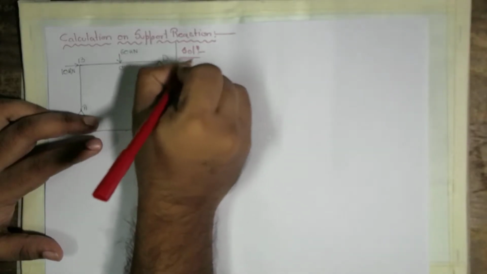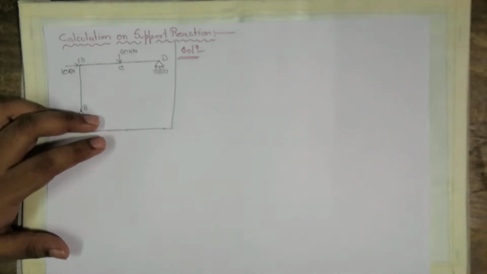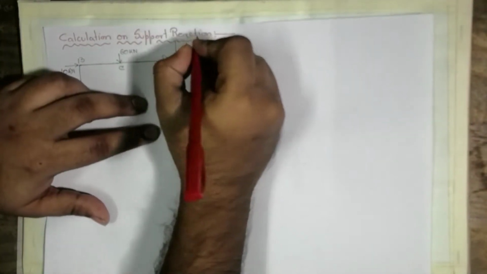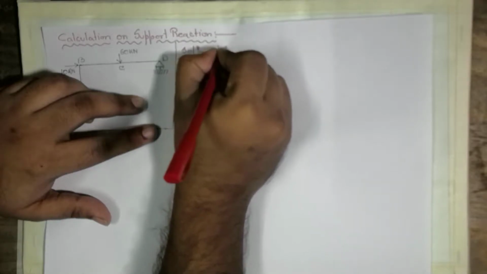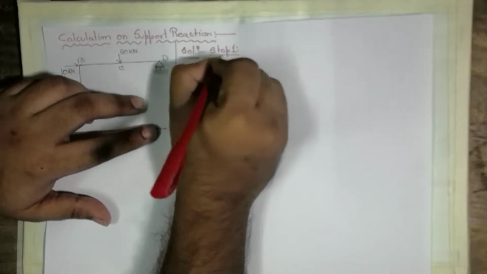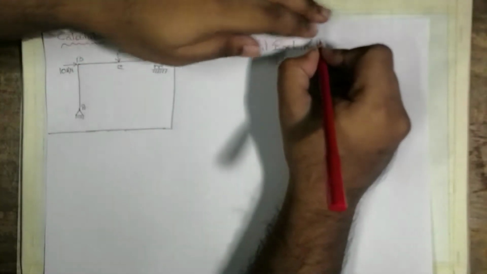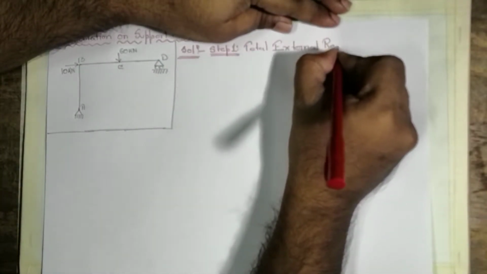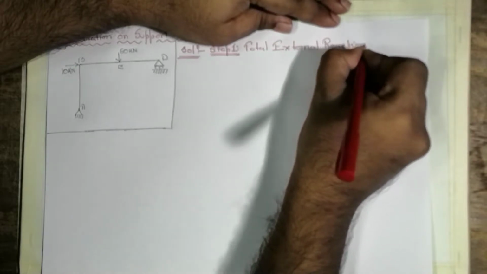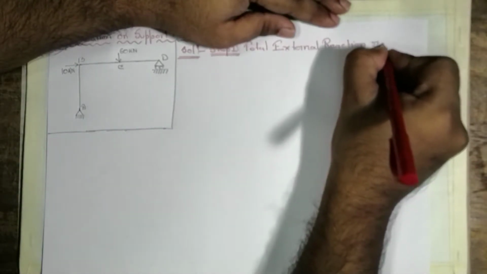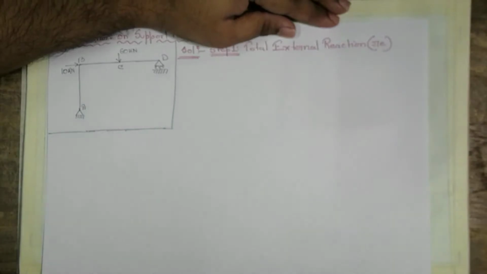Okay, now for the solution. Step 1. We are going to calculate total external reaction, say RE.